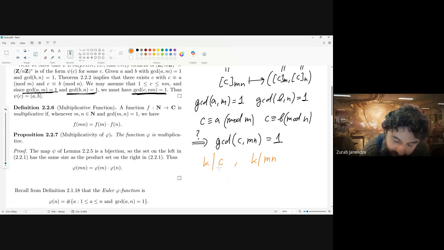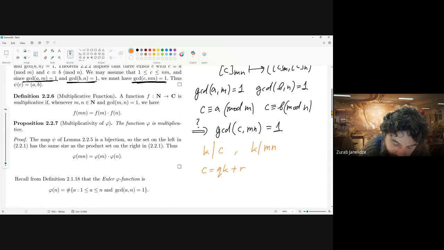So k divides C, k divides Mn. That would mean that C equals some Q times K plus R, right?